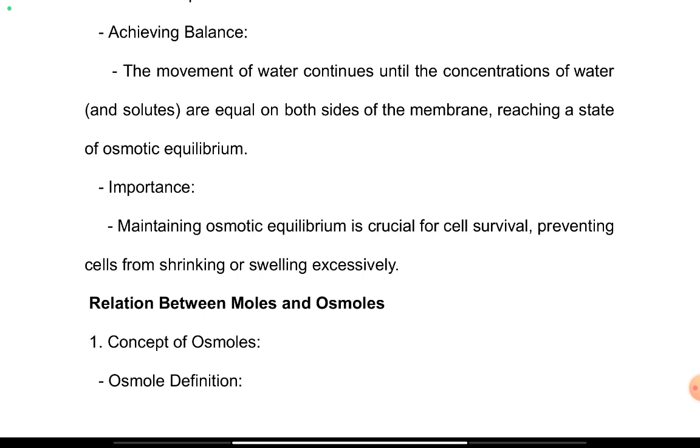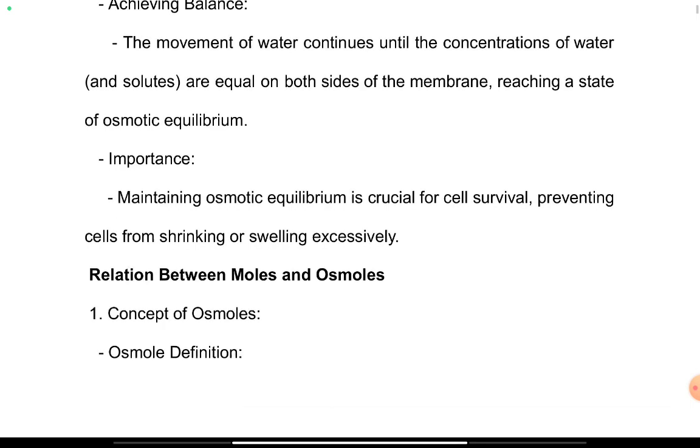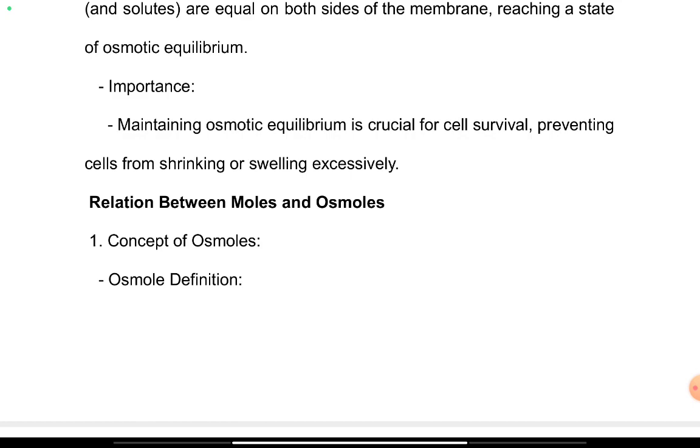Of course, this is also useful because nutrients and other substances in blood have to pass from the capillary into the tissue for cellular function. So osmotic equilibrium is crucial for cell survival, preventing cells from shrinking or swelling excessively.